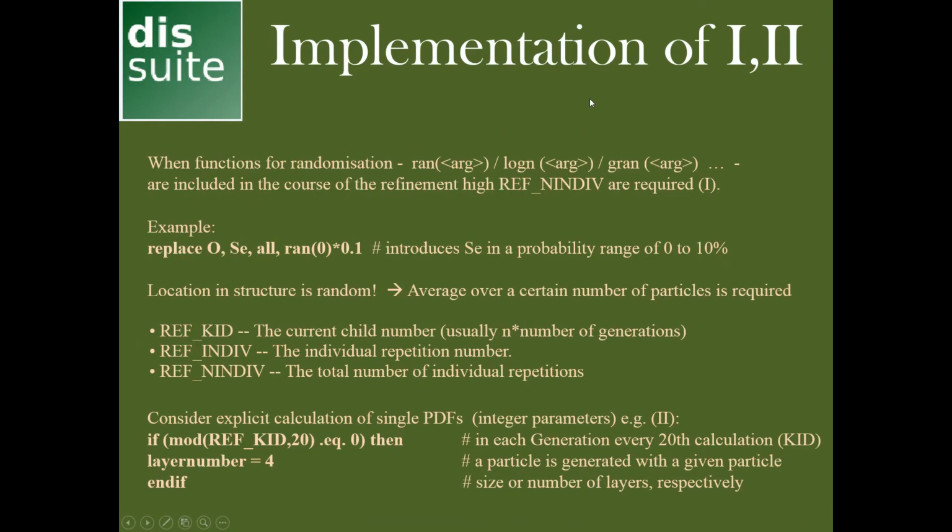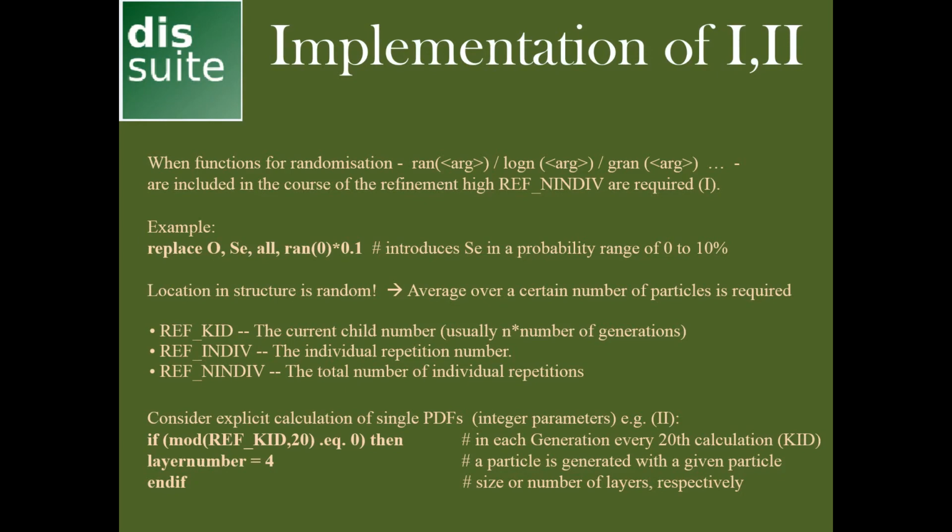Firstly, I want to shortly introduce how to solve the problem with random functions. So in this code line, we, for example, replace oxygens by selenium atoms in a process of doping with a random function, times 10%. So in a probability range of 0 to 10%, the oxygens are replaced. However, we do not know where in the structure the oxygens are replaced.